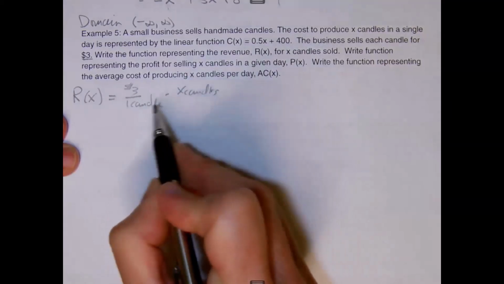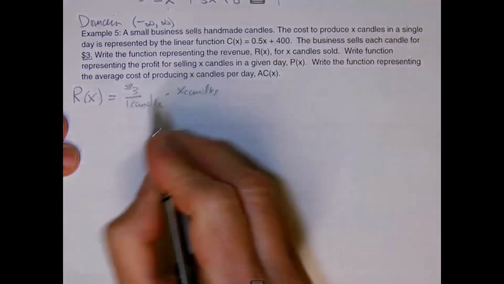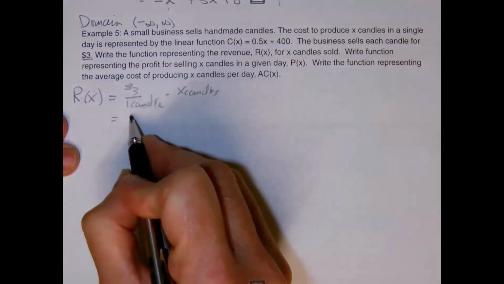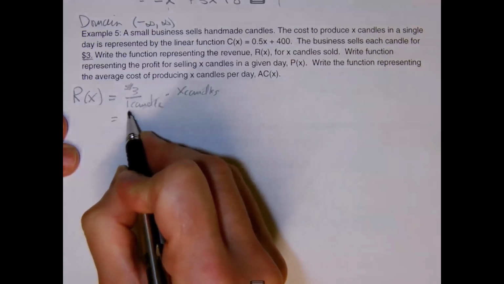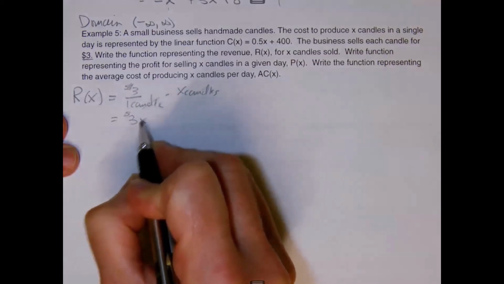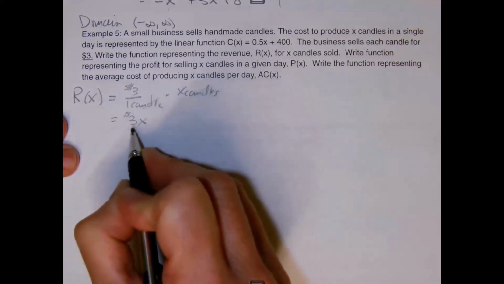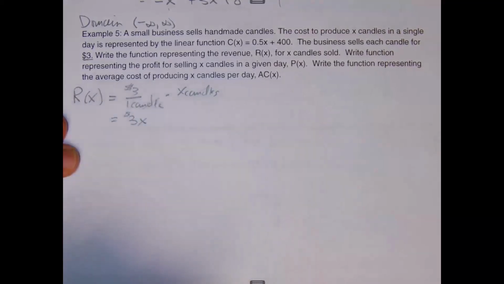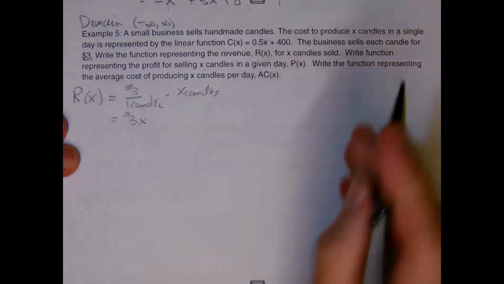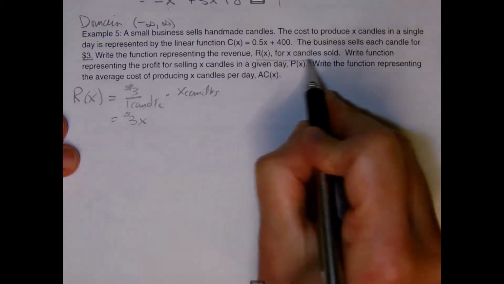Again, these two units cancel, and the only unit left is $3, and 3x represents the revenue. Okay, that's straightforward, I think. All right, so we got this done.